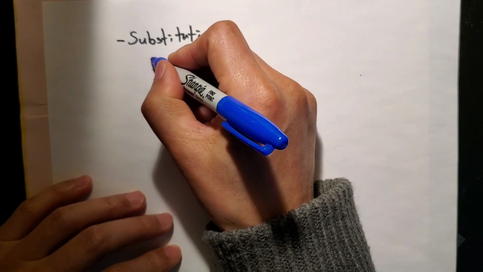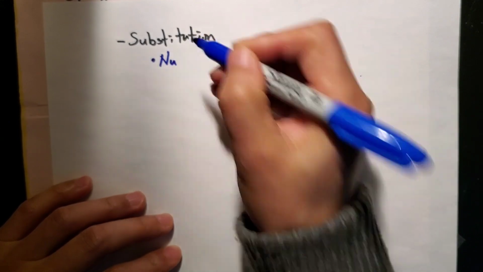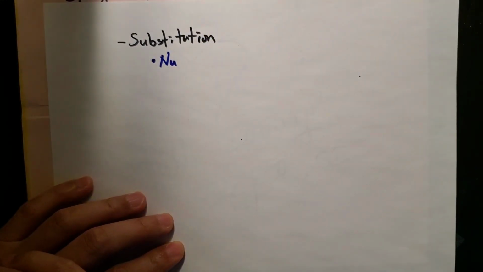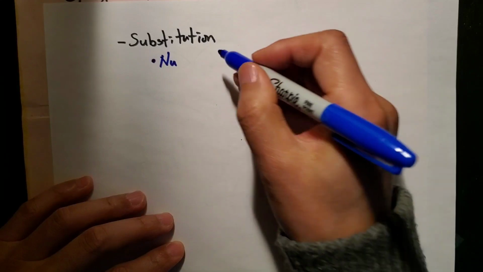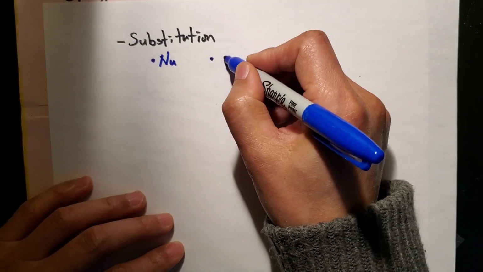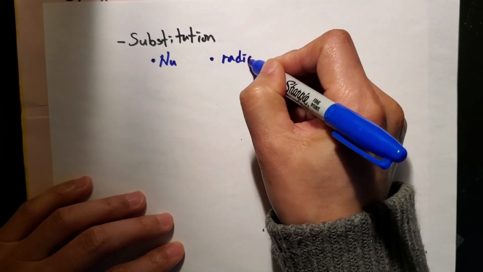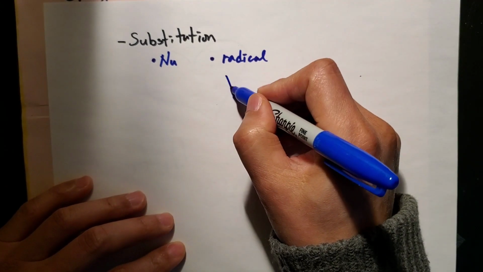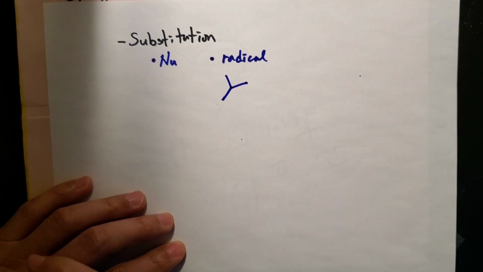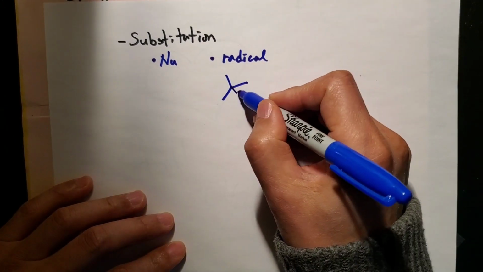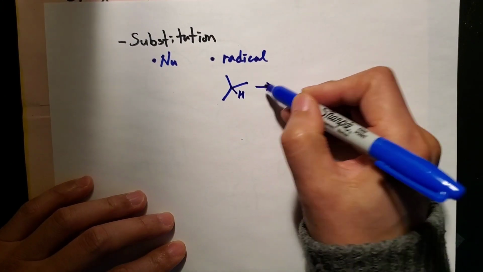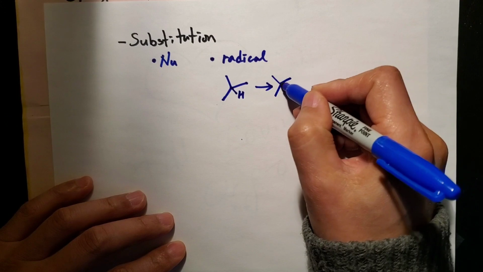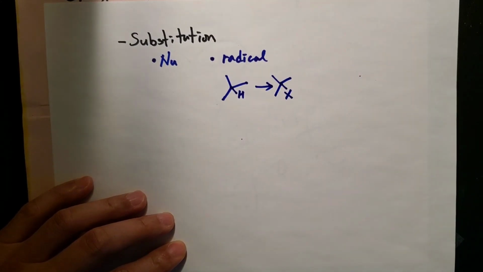But substitution can be done by nucleophile, as you all know, SN1, SN2. But it can be also done by radical. So in the carbon chain, you can substitute the hydrogen with the halogen, right? This is done by a radical intermediate.